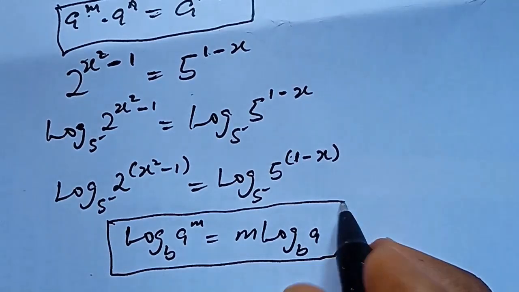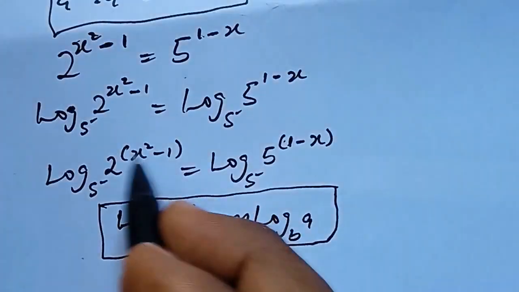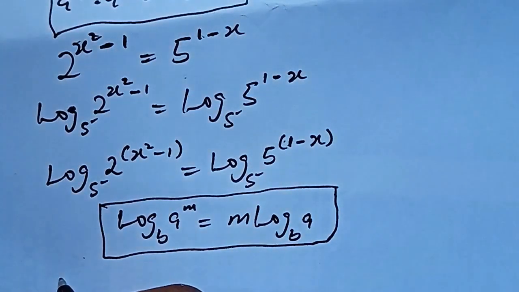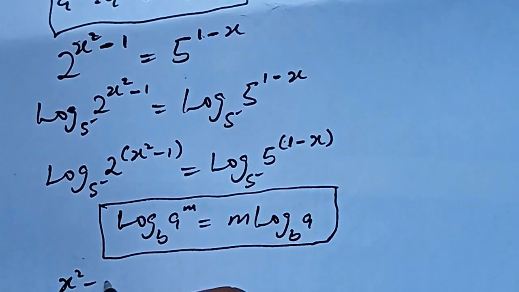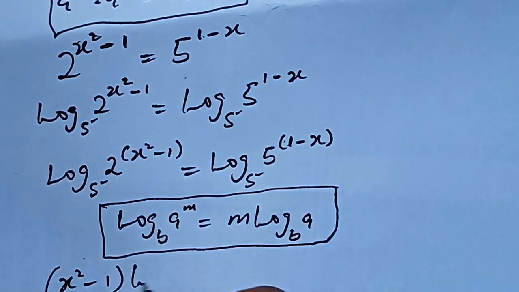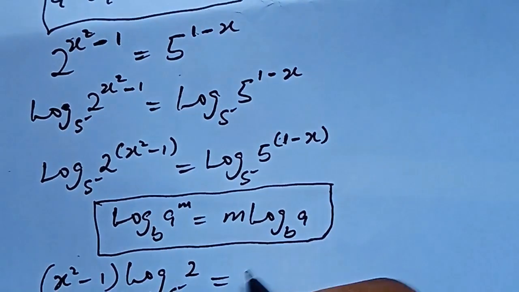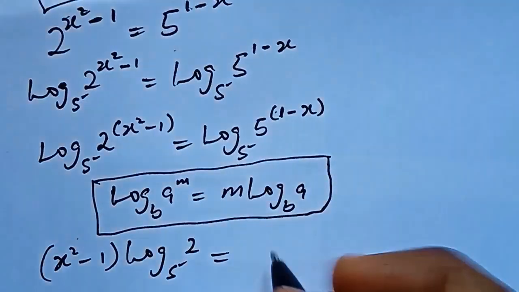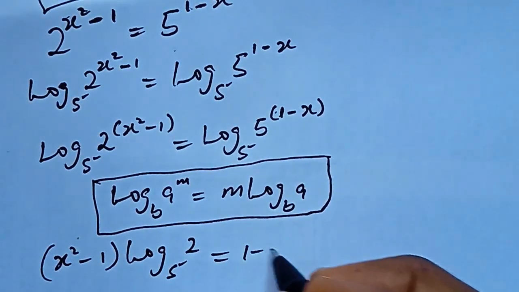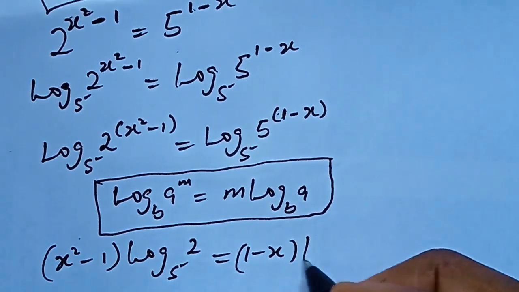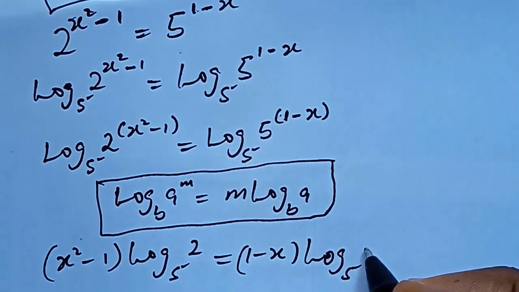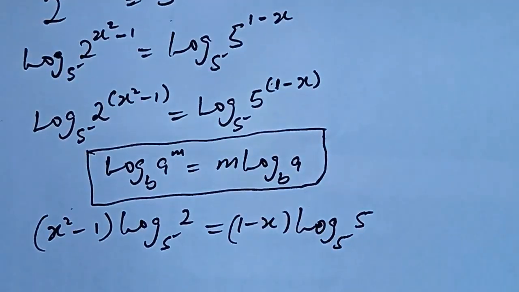So let's apply this. This comes down, so we have x raised to power 2 minus 1 log base 5 of 2 equals x 1 minus x log base 5 of 5.